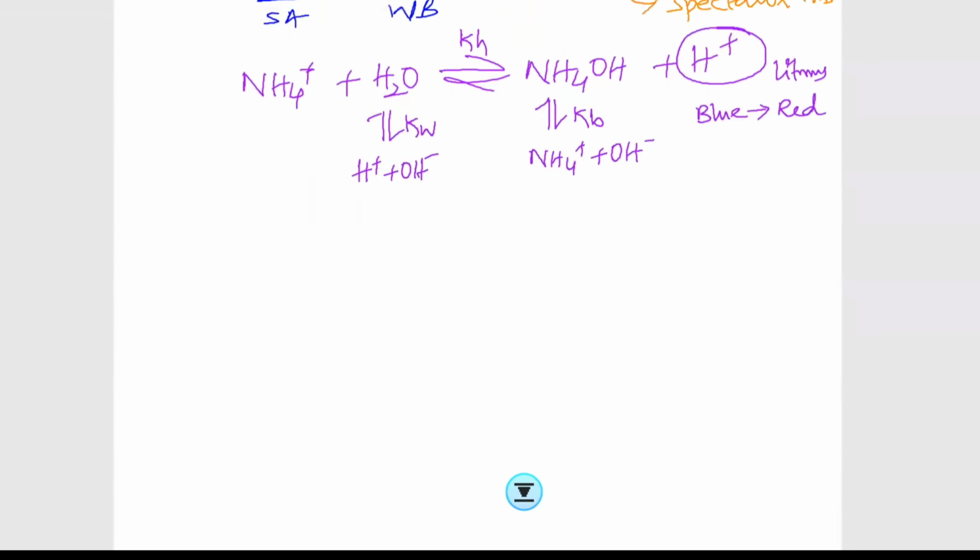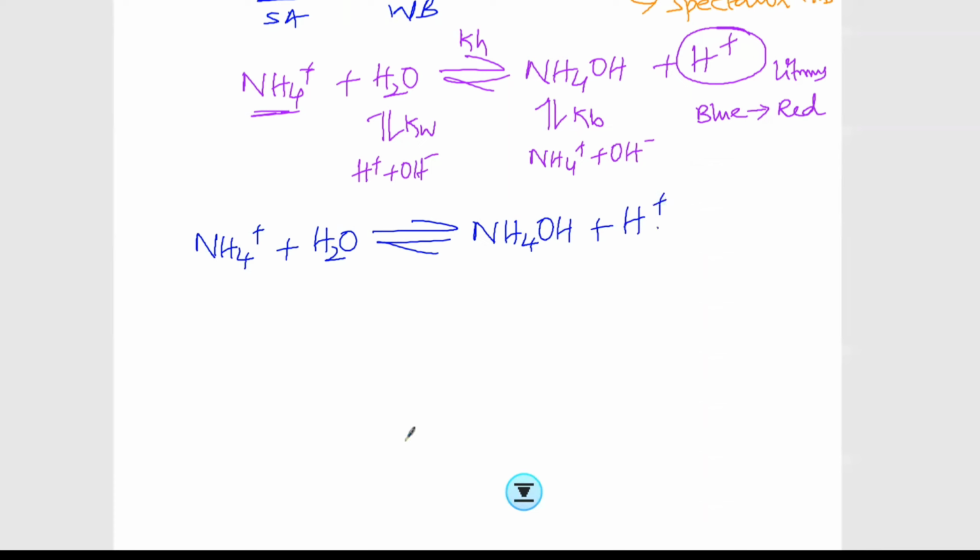Now I am writing the main equation. I am repeating again here: NH4 plus plus water forms NH4OH plus H plus.